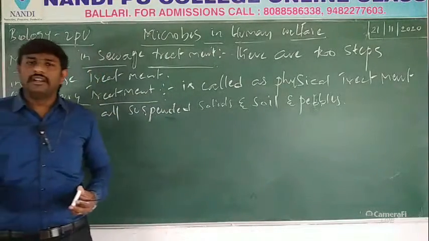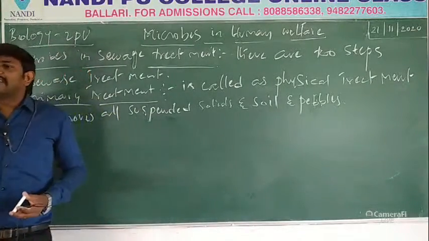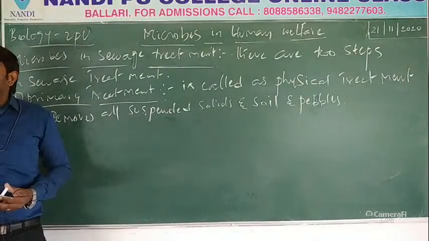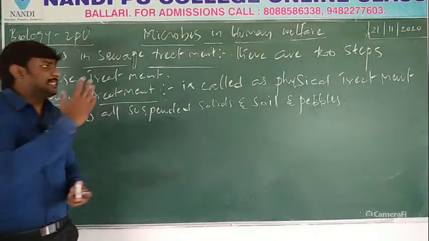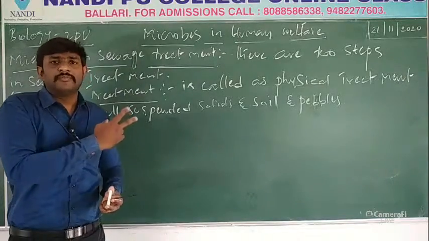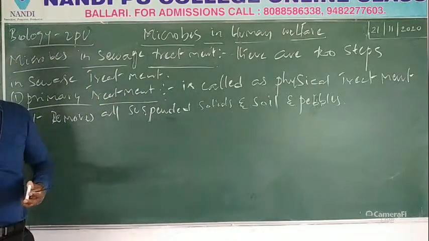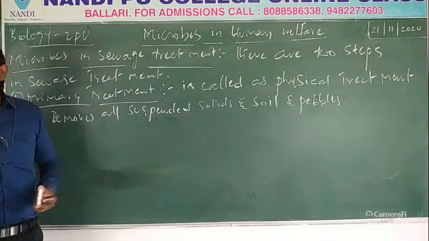And the second polluting agent is organic matter. Whatever vegetable waste and human excreta and other excreta, all are organic waste. To remove the suspended solids, soils, and pebbles, we use the primary treatment.